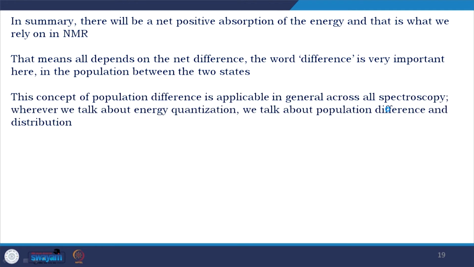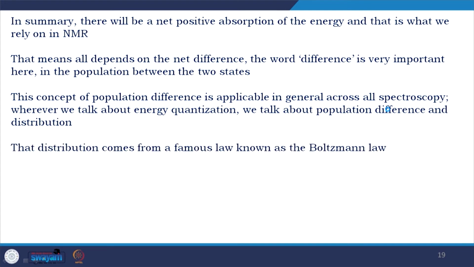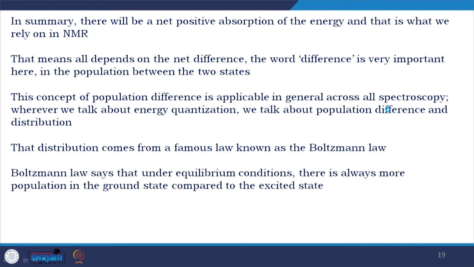The concept of population difference, as I talked about earlier, is applicable in general across all spectroscopy. Wherever we talk about energy quantization, we talk about population difference and distribution, and hence their matching. That distribution comes from a famous law known as the Boltzmann law. Boltzmann law says that under equilibrium condition, there is always more population in the ground state compared to the excited state.